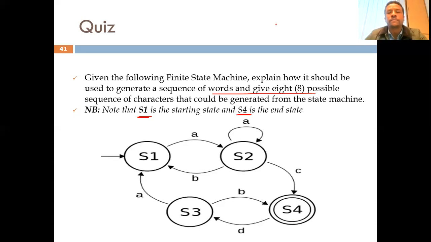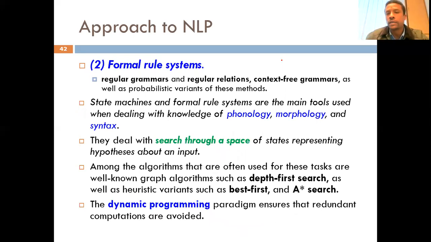Okay. Now, moving on, the next type of approach that we use in natural language processing after a finite state model is formal rule systems. Formal rule systems are the ones that try to represent the rules that we have in a linguistic construct. For example, as we have seen earlier, grammar is governed by the rules of the language.